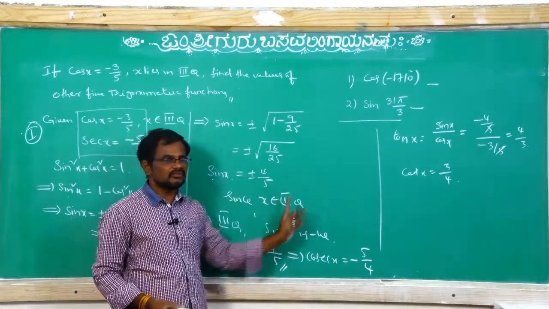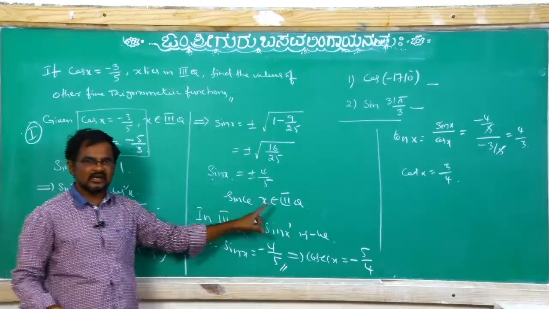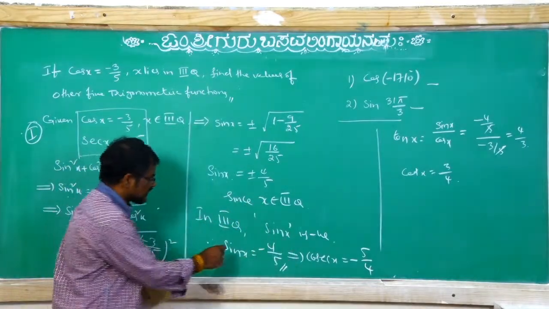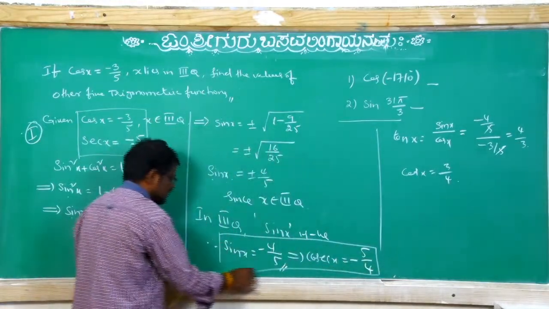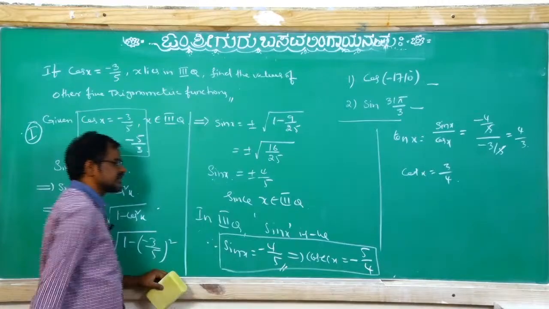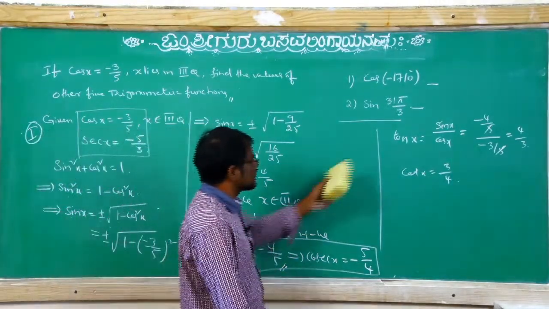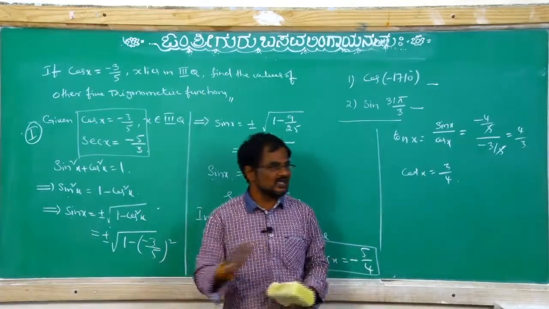To avoid that we applied this condition, that x lies in third quadrant, and in third quadrant sin is negative. So that's why sin x equals minus 4 by 5. If you get sin x equals minus 4 by 5, directly you can take cosecant x, that is reciprocal of that one. Next, if you know sin and cos, you can find tan, sin by cos you will get. Okay, this is the one method.